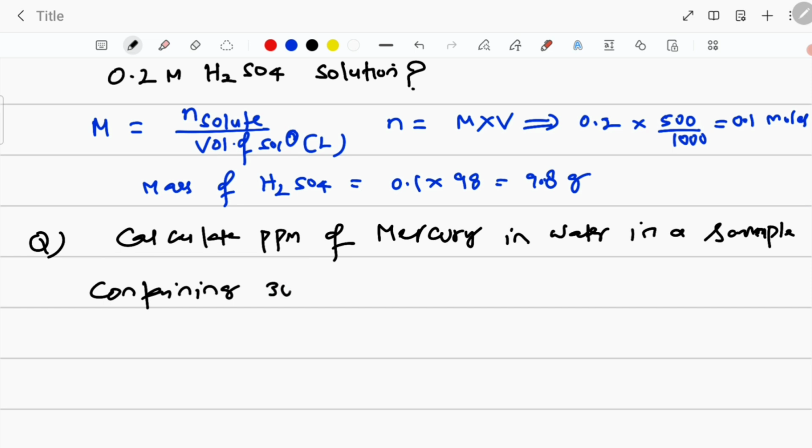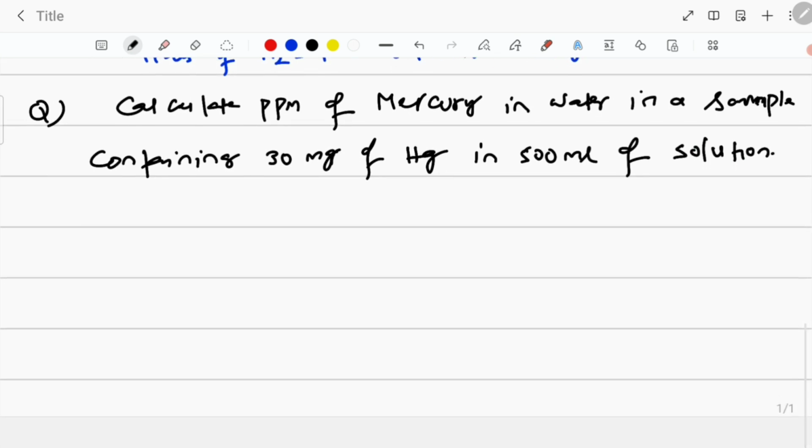Calculate ppm of mercury in water in a sample containing 30 milligrams of mercury in 500 ml of solution.